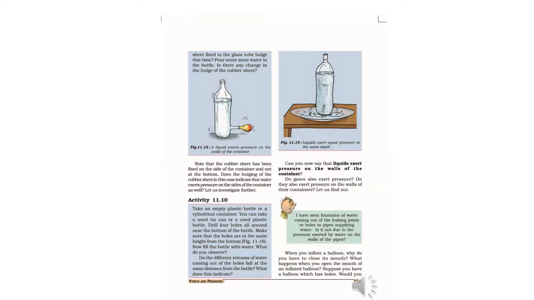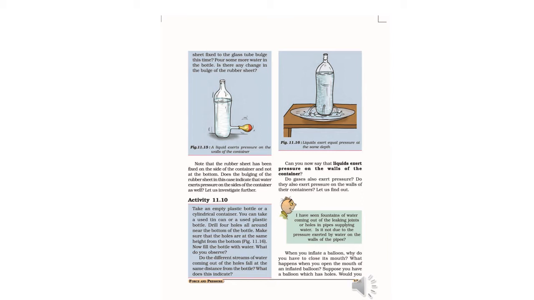After making the equal holes around the bottle at the same height from the bottom, pour water and observe. What you can see is 4 different streams of water coming out from the 4 holes which are at the same height.